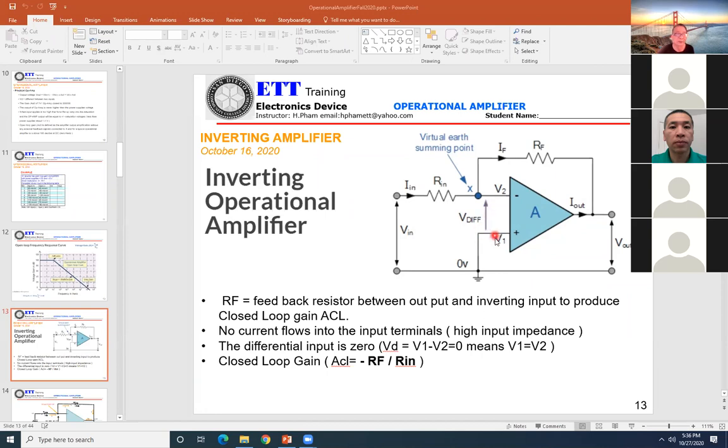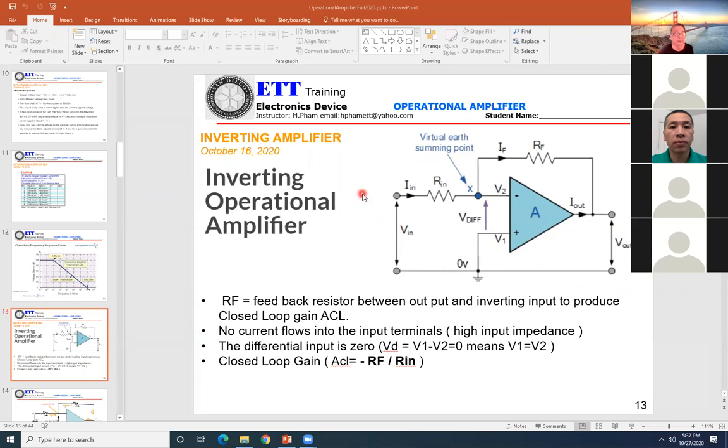No, because for V2 and V1, the difference has to be 0. You understand that the current goes into this point right here, it is not going down. I think there is a negative on the IF right here. So it goes into the op-amp, basically it will be put to the ground. So that's why they call it a sink current, okay?